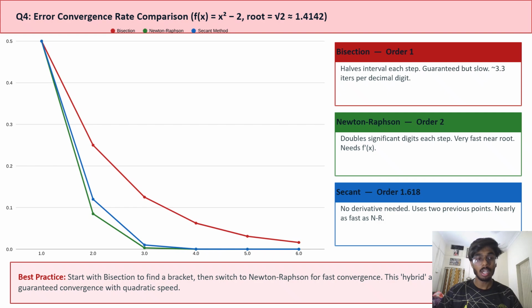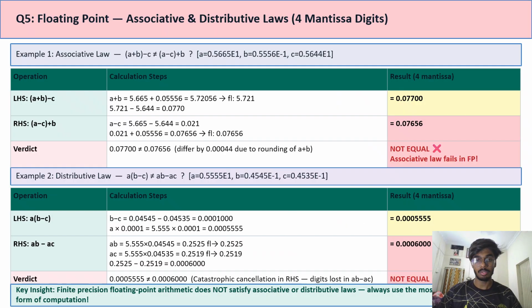When we apply this, we find that bisection takes 5 iterations to find the root, whereas secant takes only two or three iterations to converge. On the other hand, Newton-Raphson takes just 2 iterations to find the root. The best practice is to always start with bisection to find the brackets and then switch to Newton-Raphson for fast convergence.